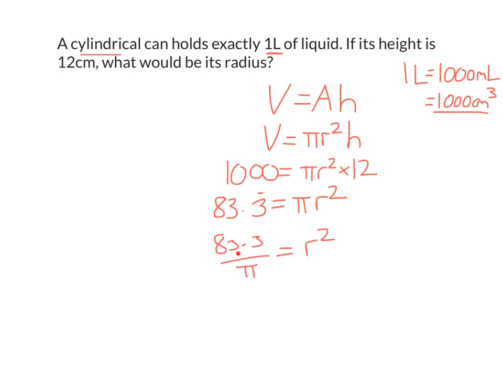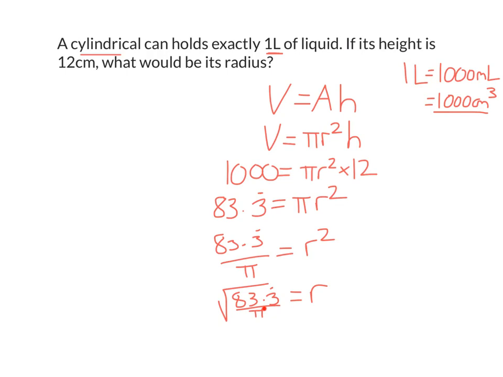I don't want to round here because my final answer will be inaccurate. Instead, I'm just going to take the square root of both sides. On my calculator, I have the square root of 83.3 recurring over pi, and that will give me what r is. To put this on your calculator, just do 83 point and write heaps of threes.